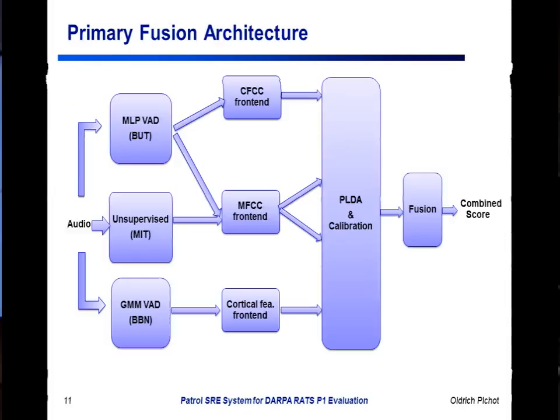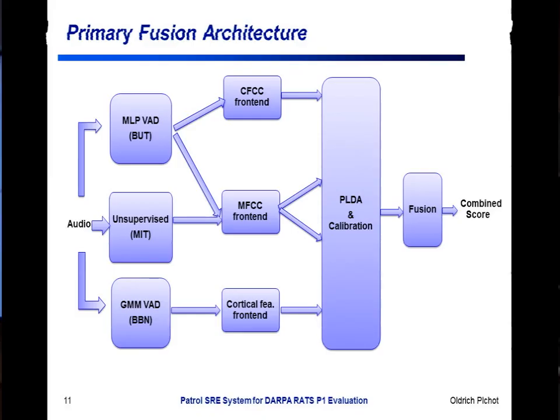Okay, this is an architecture of our primary system. This is a fusion, of course, and we try to put there as much variability as possible to be prepared for anything.